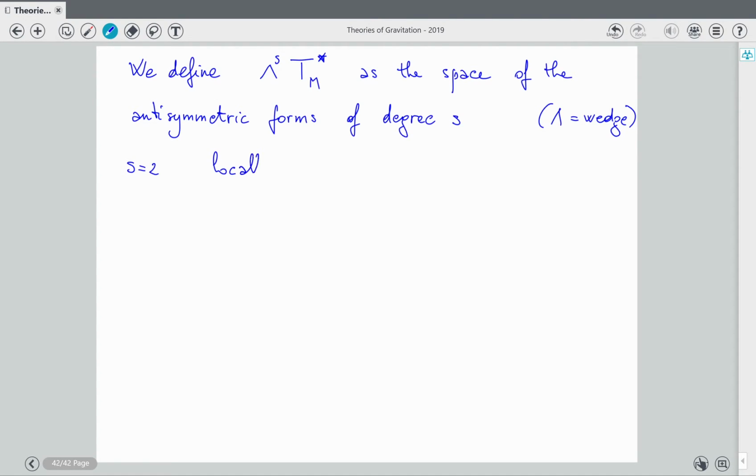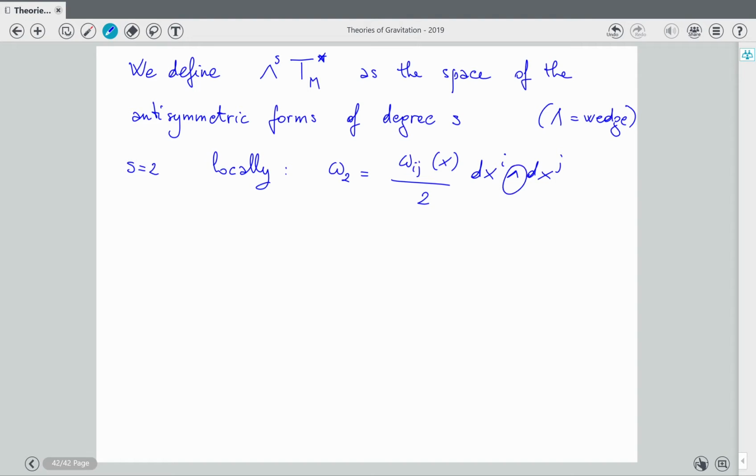So locally, you have a set of components with two indices with a symmetrization factor 2, which can be sometimes used, sometimes not used, depending. You can incorporate it into the definition of omega ij if you want, but let's use it for the moment. You write the two form this way, with two differentials separated by a wedge.